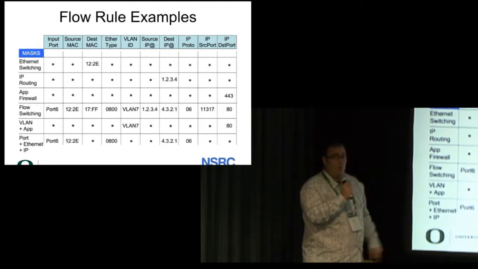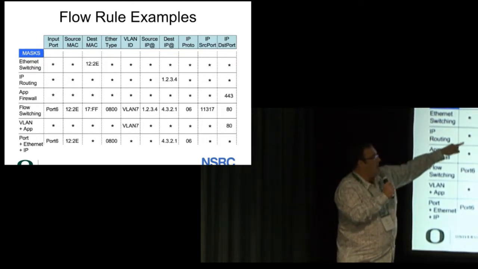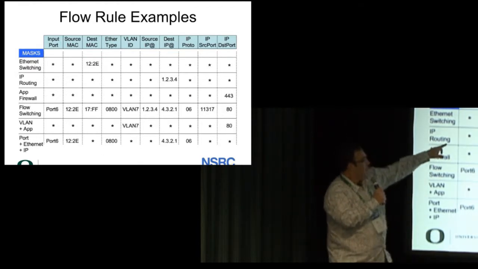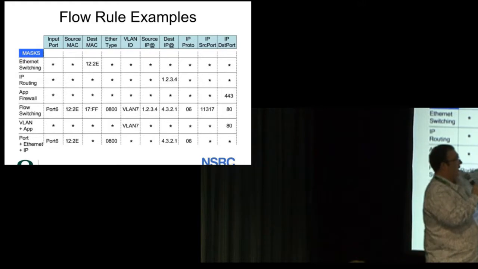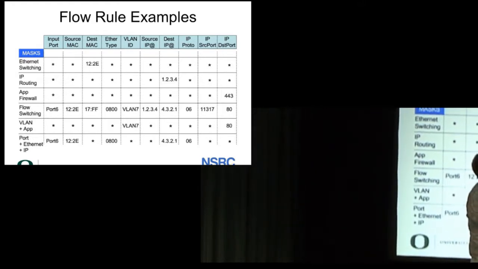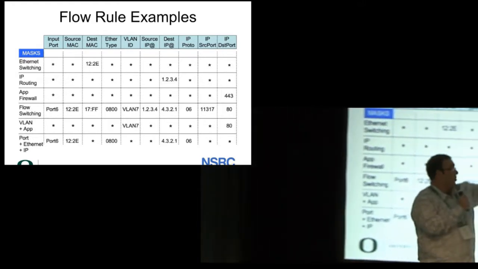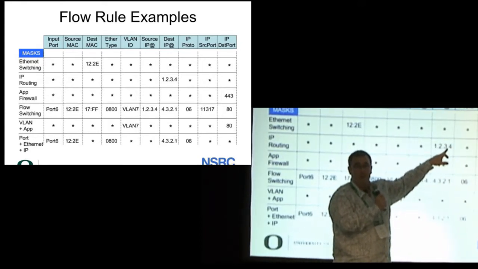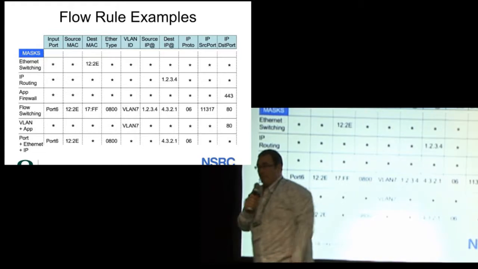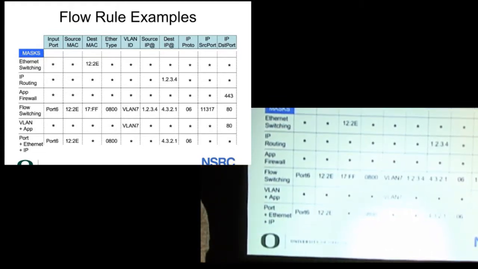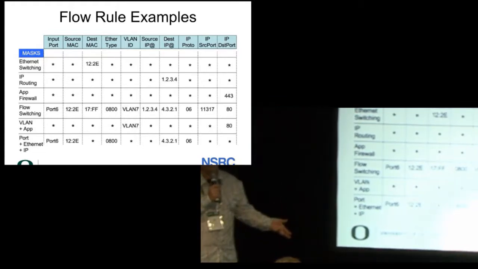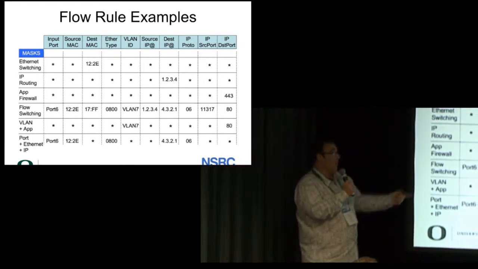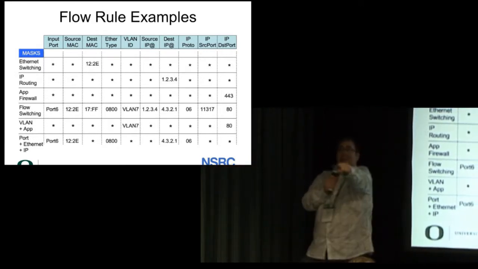I'd write a flow rule. I'd say, okay, there we go, match that destination MAC address and then do something with it. Here's another one here. Don't care about any of this. But if the destination IP address is this, or 1.2.3/24, I can do a prefix here, then do something else. All right? So if I'm doing destination IP matching, that kind of looks like IP routing. Yeah, cool.